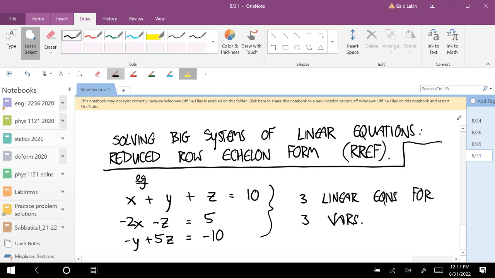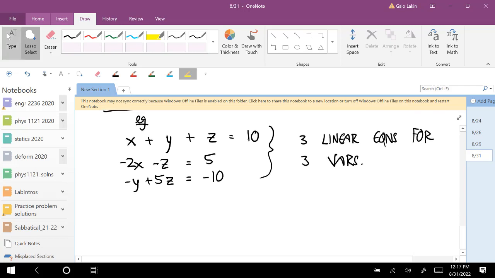It's linear because we don't have any cosine of x or x squared or anything like that. All the variables we're trying to solve for appear linear with only constant coefficients. Okay. So the first step is you're going to create, it's called an augmented matrix.